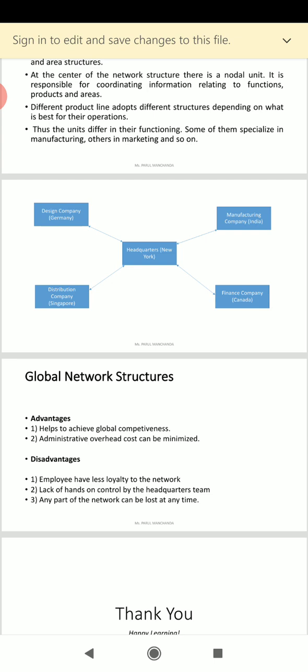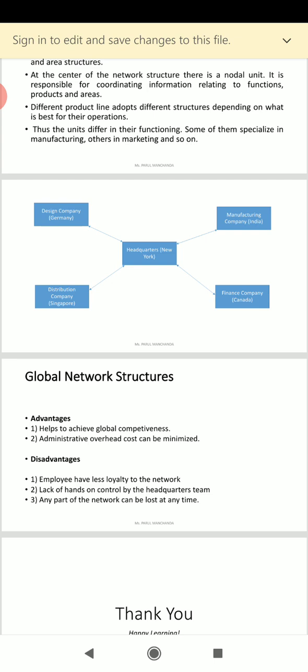So the kind of loyalty you are expecting from these employees will be comparatively lower. And the managerial skills which are quite essential on the part of the headquarters team, that might be a matter of concern, right? So these are the major disadvantages in context to the global network structure.